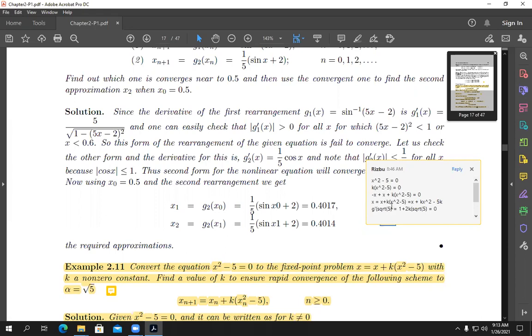Then what I did, I subtract x and add x. This is the same thing. Minus x plus x is 0. So plus x equals 0. We have this. Then I take this minus x to the other side, and minus x on the other side becomes positive x, which gives x equal to x plus k x squared minus 5k, which is exactly the same thing I gave you.